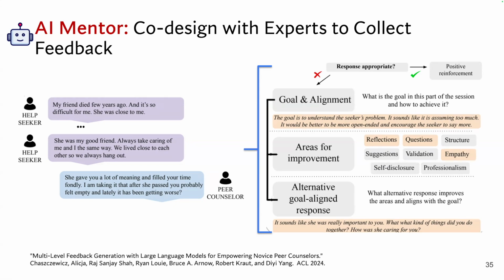Those are three professors who have been teaching psychotherapy for over 20 years. And then we sit down with them and develop this kind of template where they usually give feedback by asking them to reflect on the goal and the alignment, and then share what the student did well, and then areas for improvement, alternative response, etc.